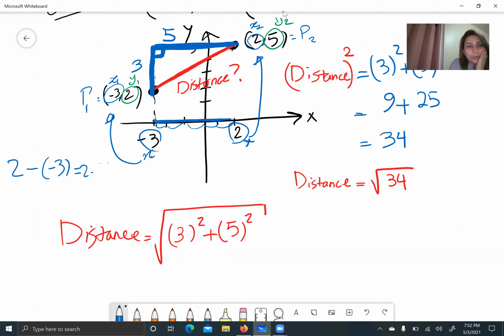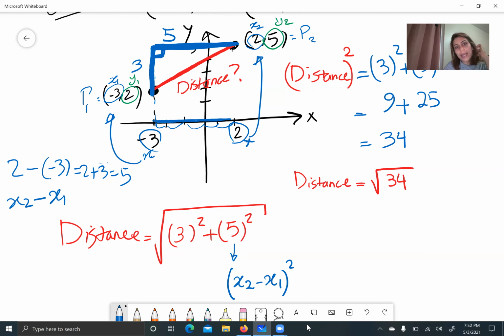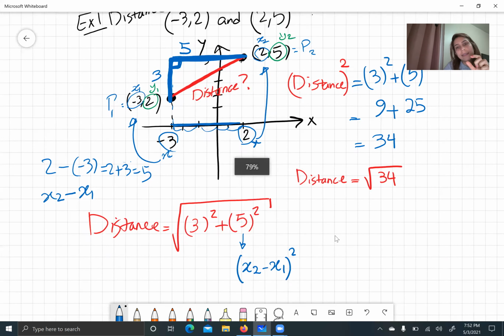So 2 plus 3, which is 5. So 2 is x2, minus negative 3 which is x1. So in fact, 5 came out of subtracting x2 and x1, right? So 5 came out of this subtraction.